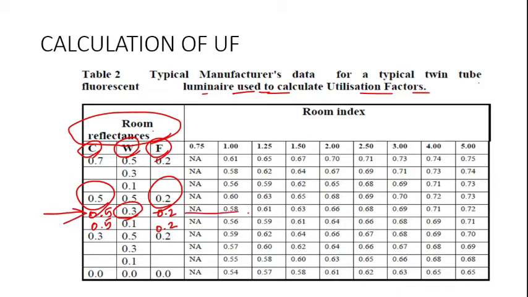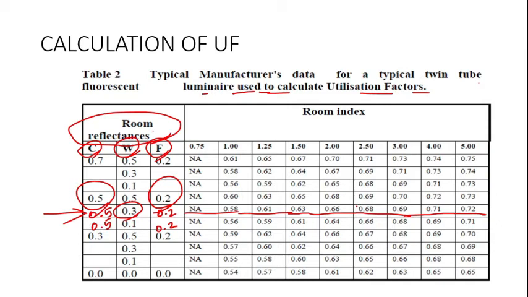So the utilization factor can be any value in this particular selected row. Next, we have 1, 2, 3, 4, 5, 6, 7 and 8 values for utilization factor, right? But we should have one unique utilization factor for the given room.